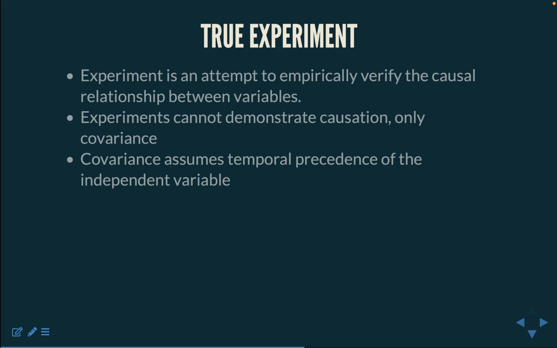Covariance assumes temporal precedence of the independent variable and the elimination of all other variables from the research context. For this reason, only a laboratory setting can offer a suitable environment for the true experiment. Here, test variables can be controlled and unwanted variables removed. This allows the inference that the dependent variable is the direct result of the independent variable.